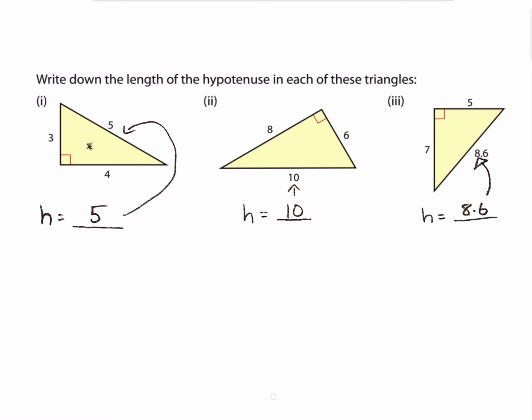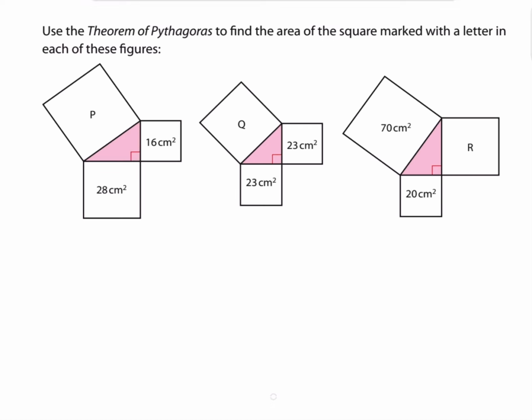Okay. So now, the next sum that I want to do is have a look at this one here. So we learned that the theorem of Pythagoras is a squared equals b squared plus c squared. Now, here we have a bunch of right angle triangles.